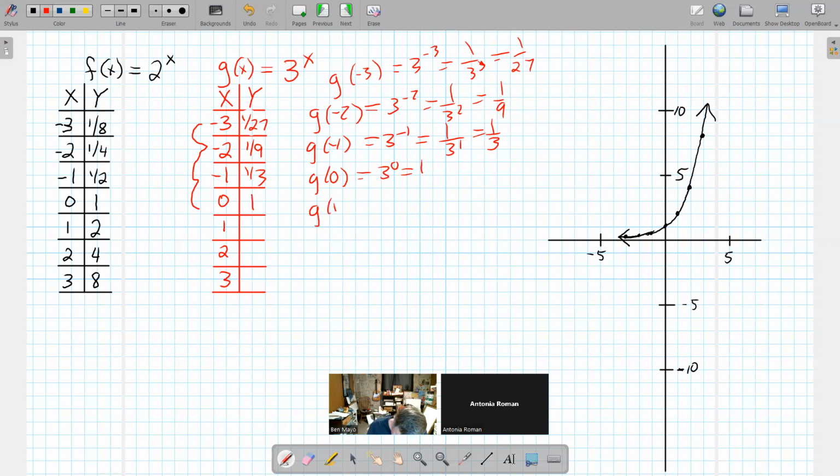If x is 1, g of 1 is 3 to the 1 power, which is 3. If x is 2, g of 2 is 3 to the 2 power, which is 9. And if x is 3, g of 3 is 3 cubed, or 27.